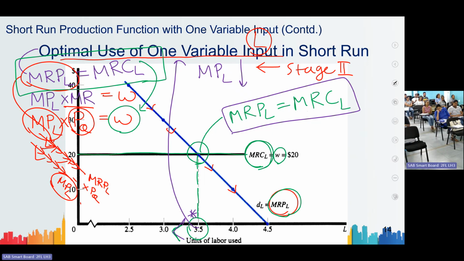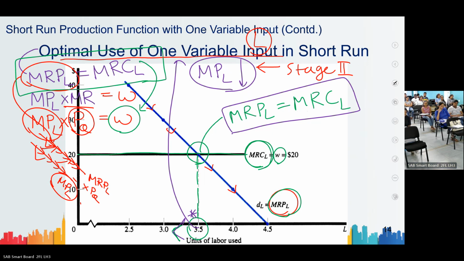To decide the optimum level of labor, the condition is this: MRPL equals MRCL. This is the MRPL curve, which is downward sloping. Why is it downward sloping? Because MPL is downward sloping.